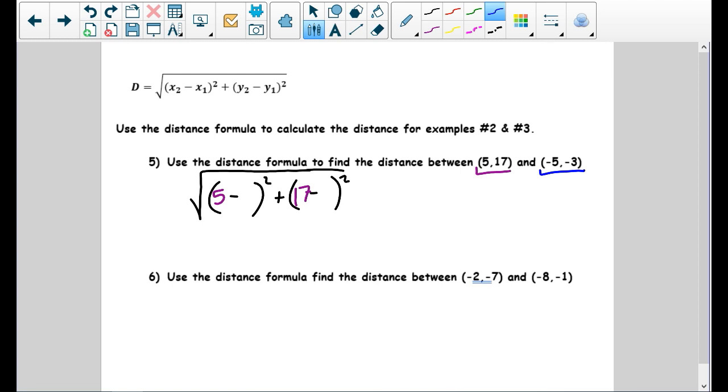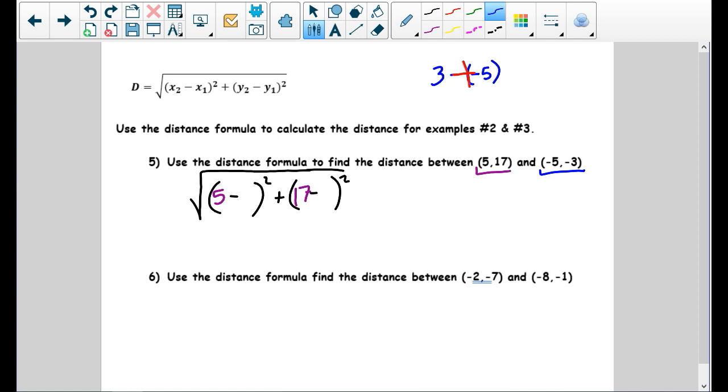Because if I had, let's say I have 3 minus -5. Minus negative is actually what? Yeah, minus negative is actually addition. Okay? So I like you to have this written out, so now when I'm taking these negatives and I'm putting them in the back, I can change my sign to addition right away.